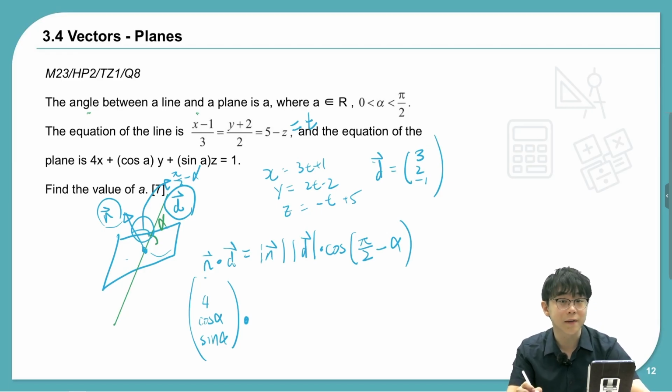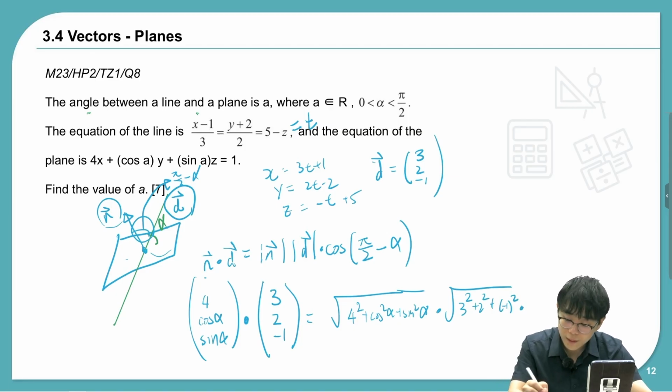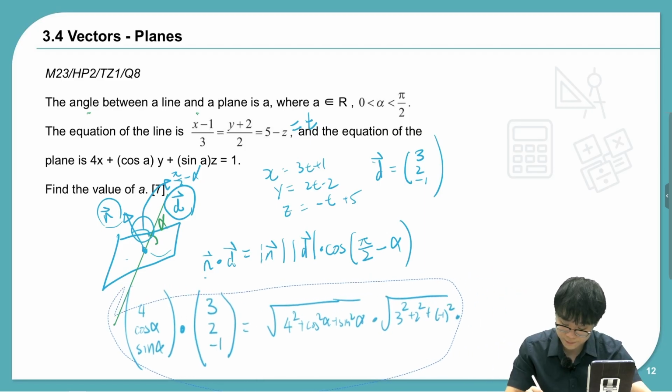So we'd have 4, cosine alpha, sine alpha, that direction, dot product with 3, 2, negative 1 equals the square root of this modulus. So we get the square root of 4 squared plus cosine squared alpha plus sine squared alpha, times the square root of 3 squared plus 2 squared plus negative 1 squared, times cosine of pi over 2 minus alpha.